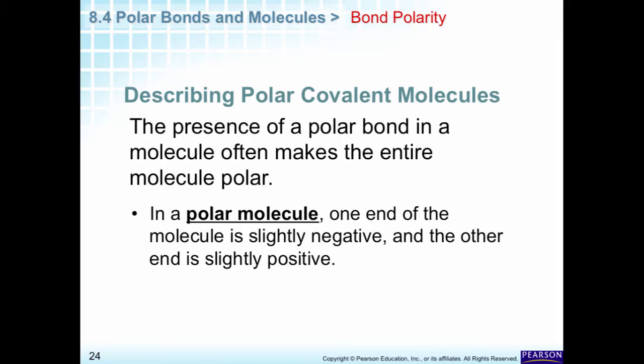Okay, if you have a polar bond in a molecule, that usually, a lot of times, not all the times, makes the whole molecule polar. Now, that happens because one part of the molecule is maybe a little more negative, another part is more positive. However, we have some things called symmetry. And you notice if we were making those arrows, a lot of times we call those kind of arrows vectors.